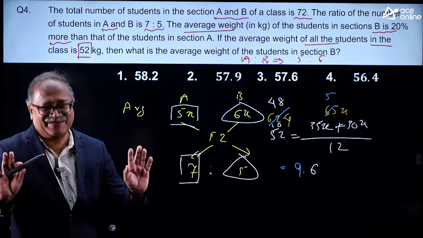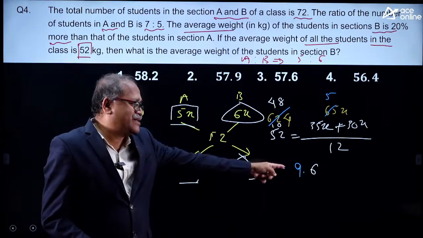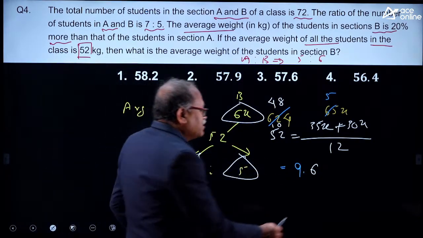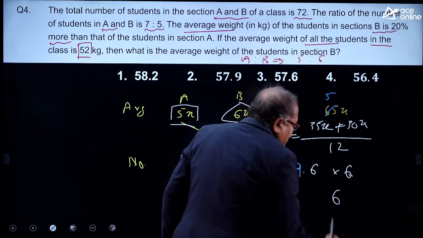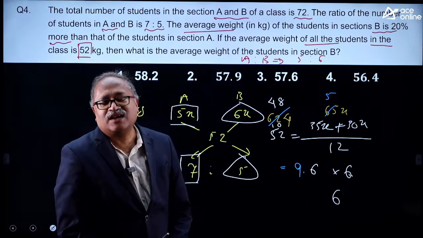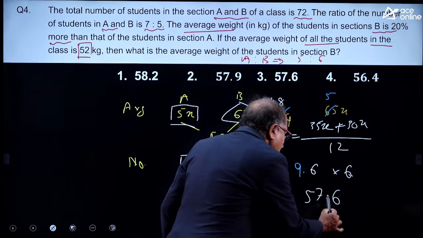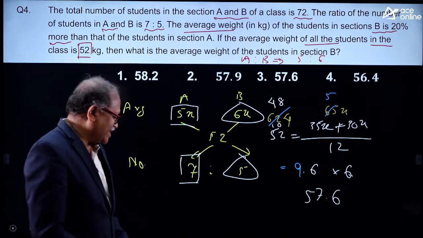That theory, I am extremely sorry. The average 6x is already given to us, whereas we are getting the x value 9.6. So simply multiplying this by 6, I am getting the answer: 6 sixes are 36 carry 3, and 9 sixes are 54 plus 3 is 57. So I am extremely sorry, I was out of mind thinking something else in between.